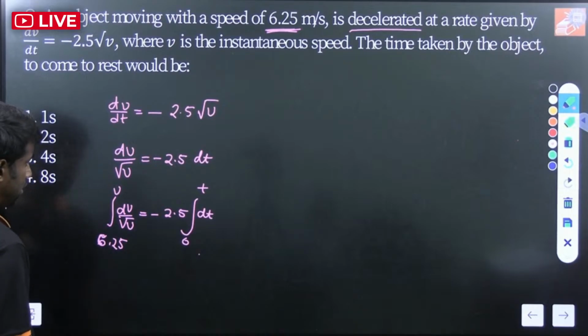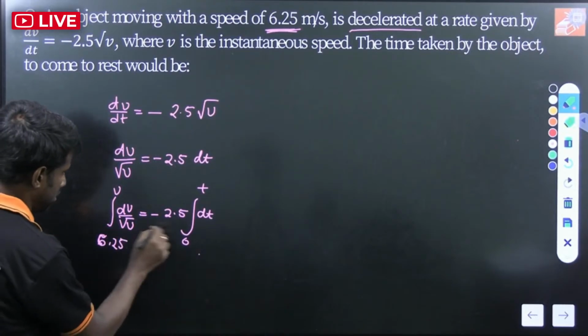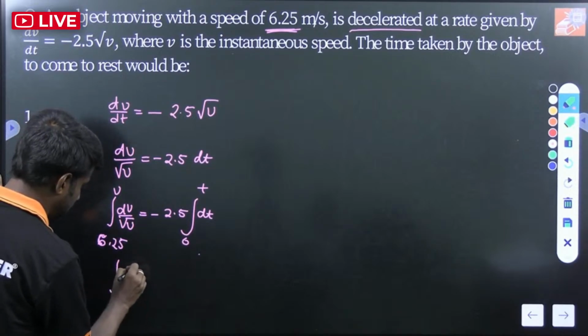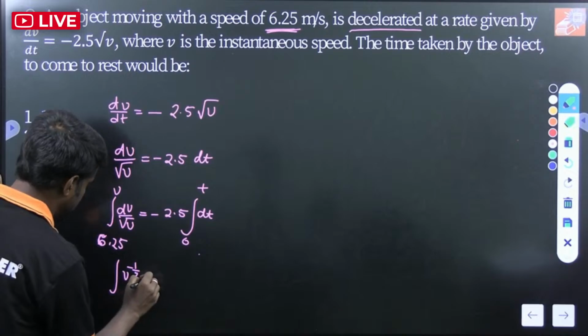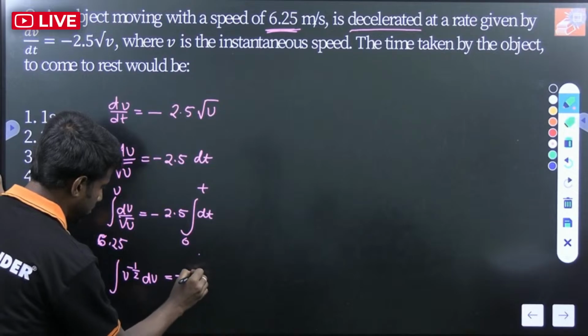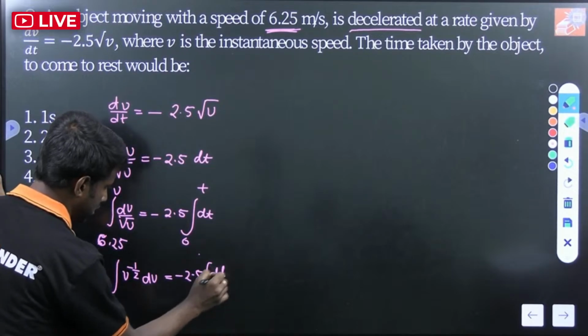So from there we get the relation: 1 by root v, we can write as v power minus 1 by 2, dv equal to minus 2.5 integration dt.